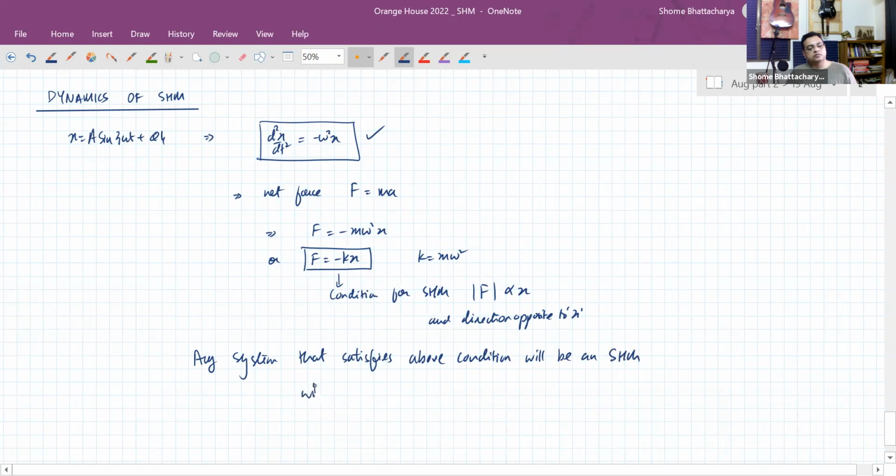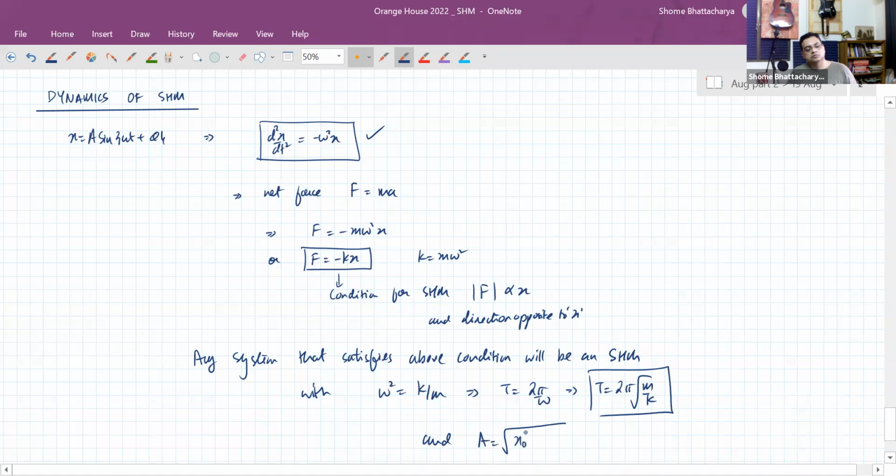With omega square equal to k by m, so time period equal to 2 pi by omega, and the amplitude and phase constant from x naught and v naught.